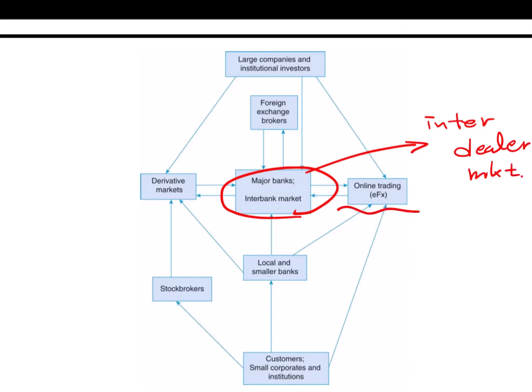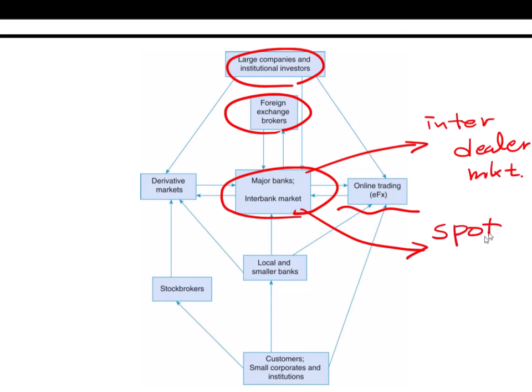And we have the online trading system here. Large multinational companies or institutional investors participate, and we have FX brokers. Now in this major market, we have the spot market, the forward market, and FX swaps.